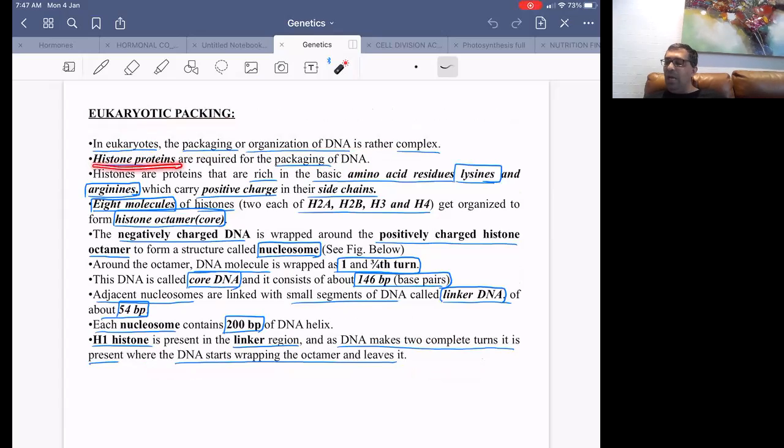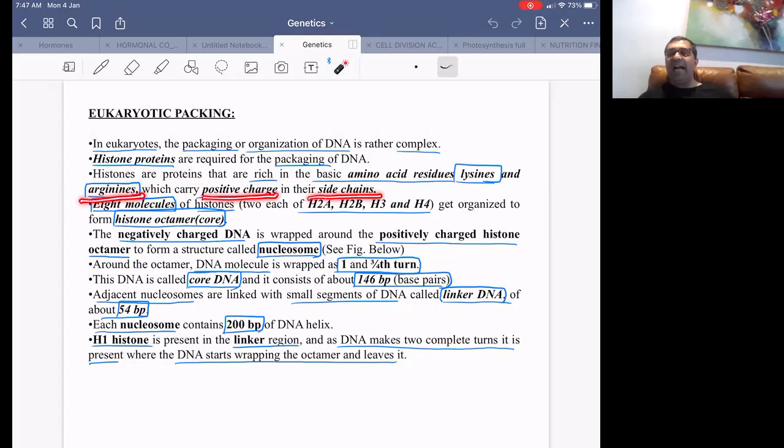Histones are proteins that are rich in the basic amino acids lysine and arginine, which carry a positive charge in their side chain.